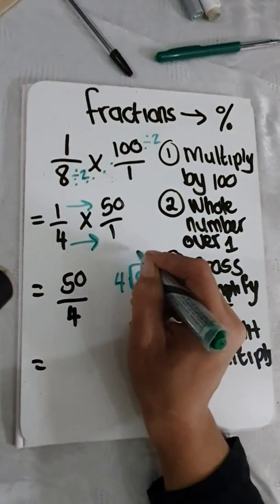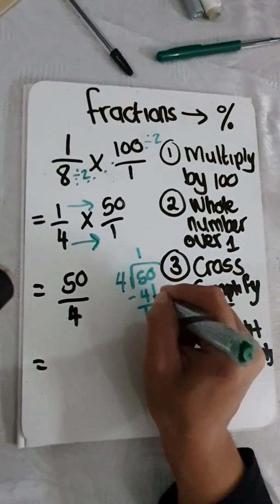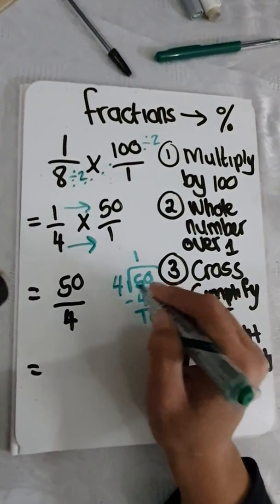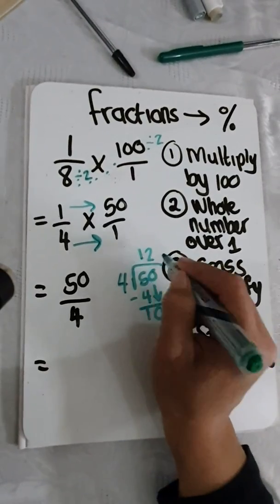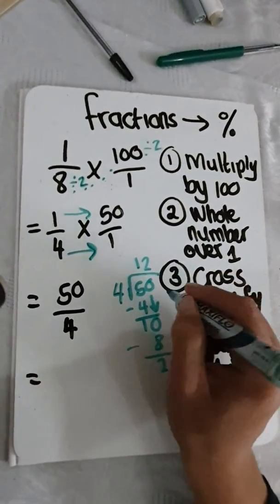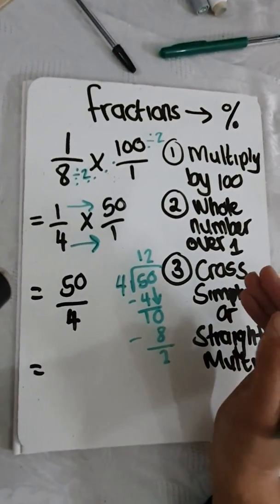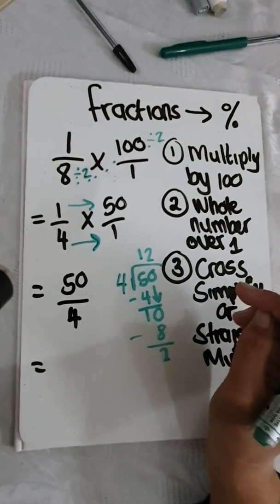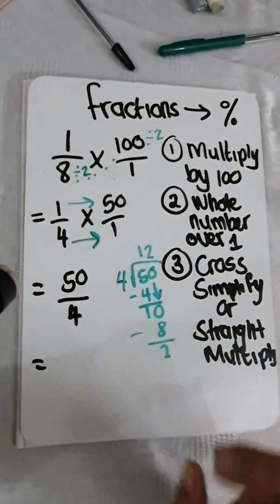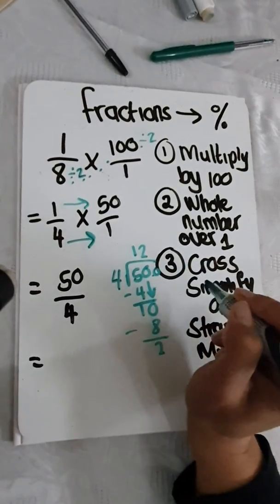Now I do the check. 4 goes into 5 once. 1 times 4 is 4. I have 1 remainder, bring down my 0. 4 goes into 10 2 times. That gives me 8. I have 2 left over. Now if you have a remainder at the end and you want to make sure that you've worked out all of your numbers in your division sum, add a decimal point and a 0.